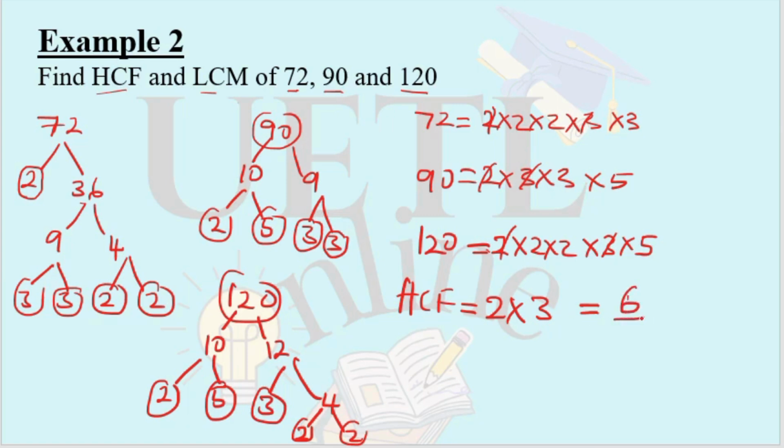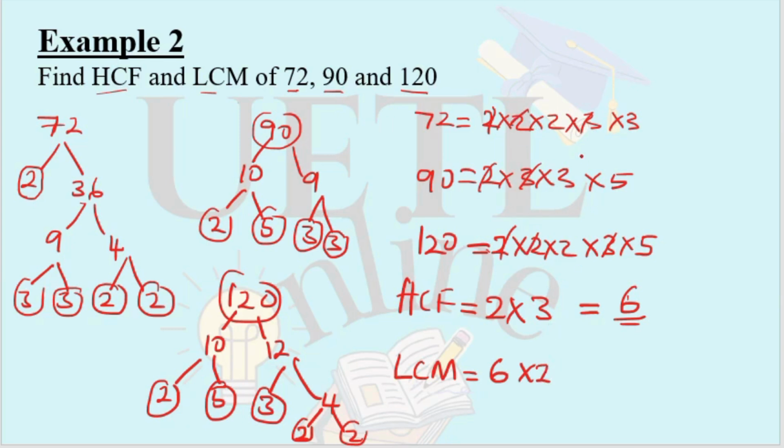Okay, so let's go to our lowest common multiple. For the lowest common multiple, we take the HCF first, so it's 6 times. Now we have to take all the remaining numbers. If a number is common here and here, we just cancel it out, right? So 2 and 2, then we write 2 here.